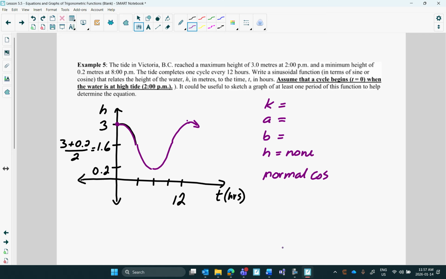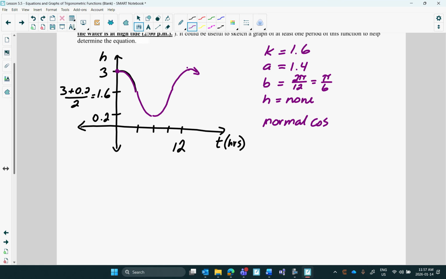K is 1.6, A is, sorry, 1.4. B is 2 pi divided by 12, which is the same as pi over 6. Put those into your function and we're done.